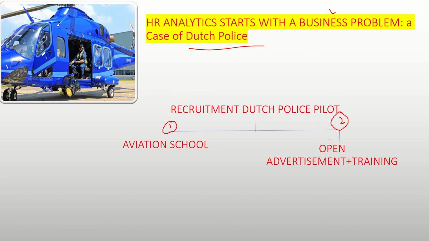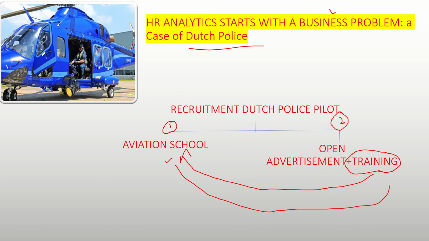Another way was open advertisements for the police force. The Dutch police recruited cops and sent them for training to aviation schools. They completed the training program, came back to the Dutch police organization, and flew the helicopters. This was the difference.